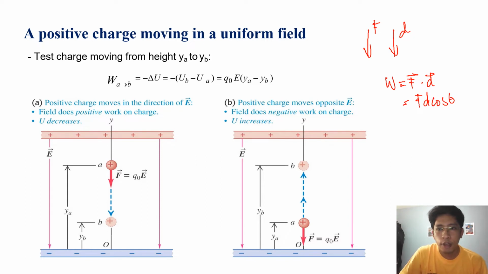So if cosine theta is 0, meaning your force and your displacement are parallel, then you have a positive work done. So here you have a positive work done by the field on the charge, and your electric potential energy decreases.